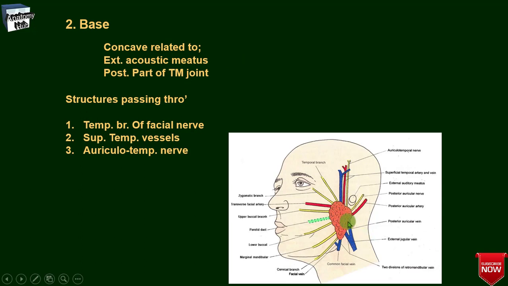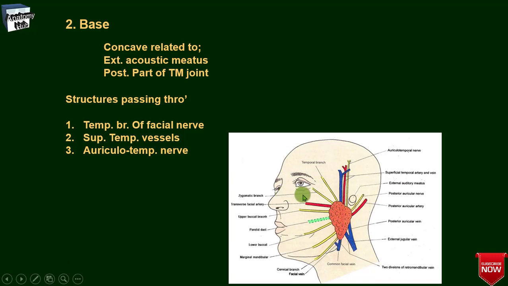So at the base you can see how the facial nerve mainly divides into temporofacial and cervicofacial. The temporofacial gives branches as a temporal branch, a zygomatic branch and the upper buccal branch, and the cervicofacial gives the lower buccal branch, the marginal mandibular branch and the cervical branch.